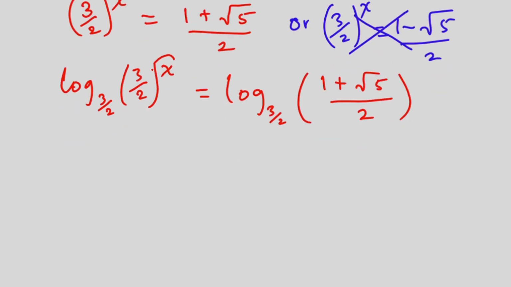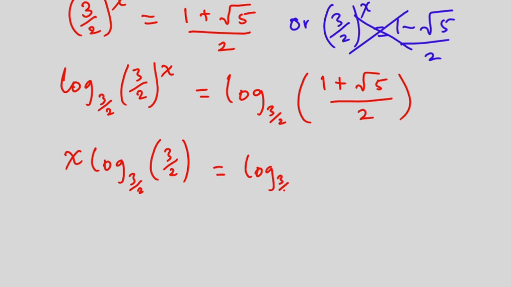From the properties of log, the power now becomes the leading number over here. So we're going to have x log base 3/2 of 3/2 is equal to log base 3/2 of (1 + √5)/2.